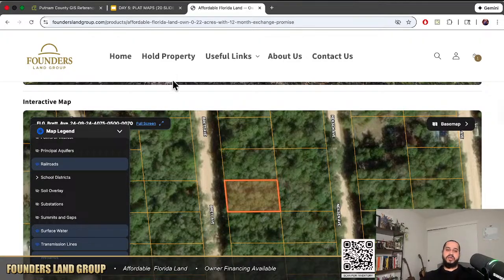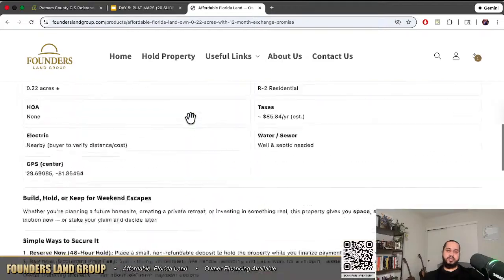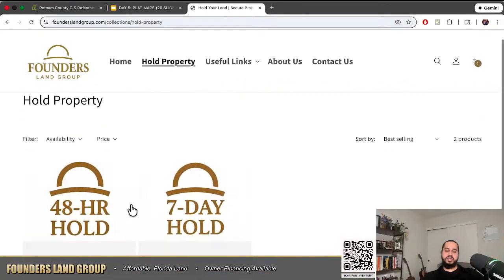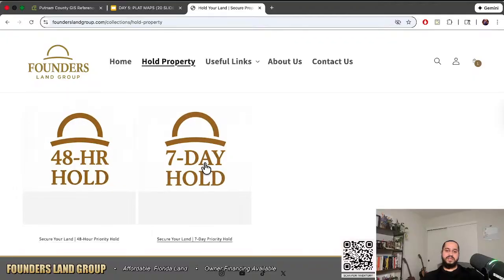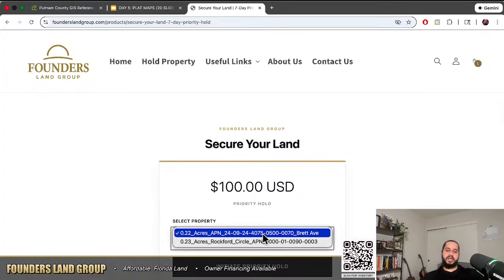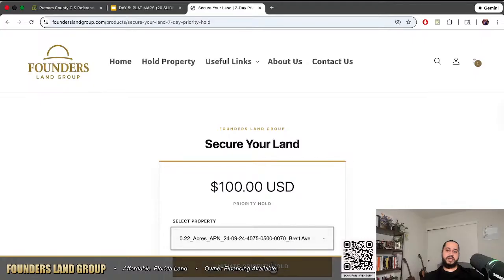If you guys are interested in buying this property, you can put it on hold using the hold feature. You can do a 7-day hold. This is specifically for buyers who are out of state, where you can select this property, which is on Brett Avenue, and then just initiate the priority hold.